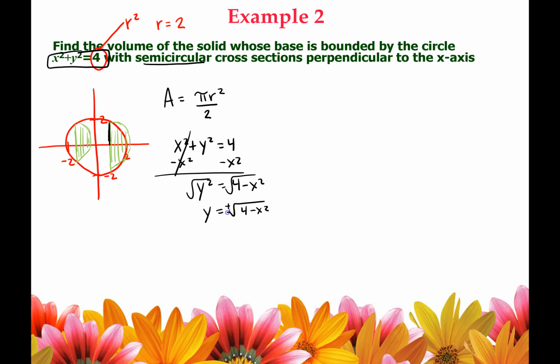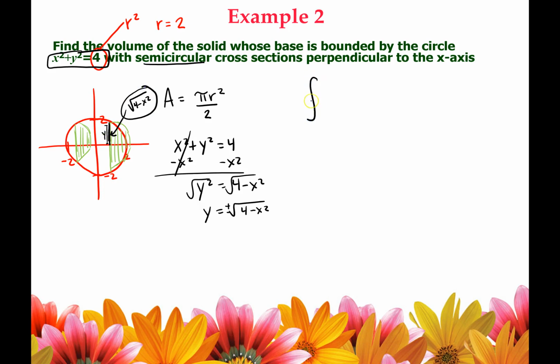It is plus or minus, but the positive one is this right here, and the negative one is going to be the bottom down below. All right, so that's going to be our y value. This is a y, right? A y distance right here. So that's going to be equal to this.